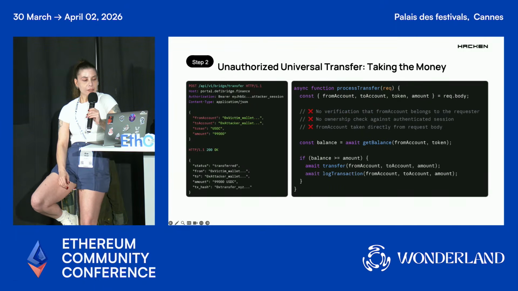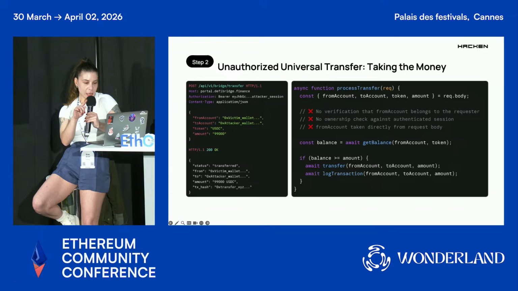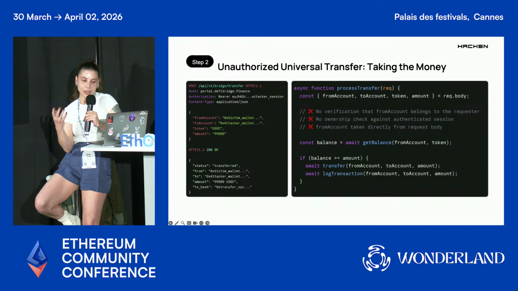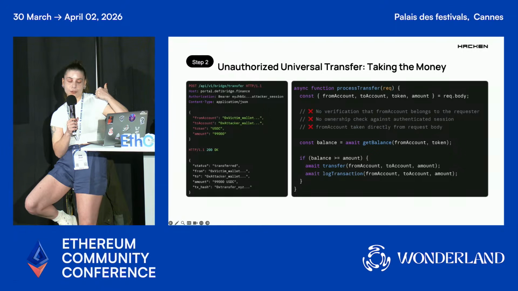The other issue is the unauthorized universal transfer. Let's say the attacker is using their own wallet session, so the authorization header completely belongs to the attacker. However, in the transfer request, they have set the from account field to the victim's wallet address, and as a result, they simply reuse the wallet address they were able to observe in the IDOR issues.